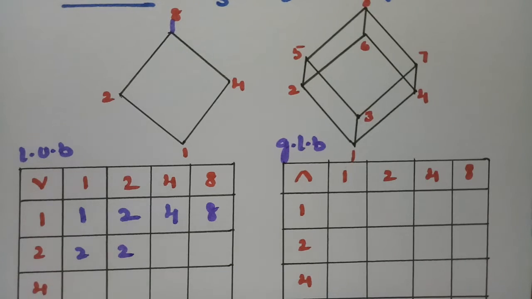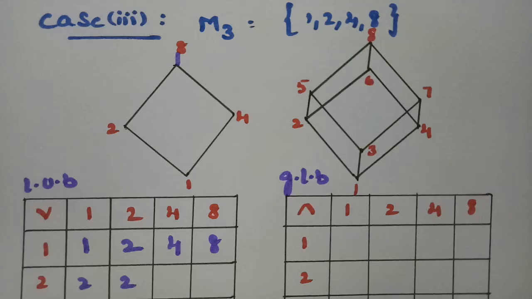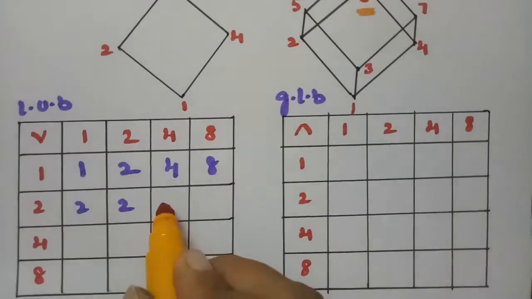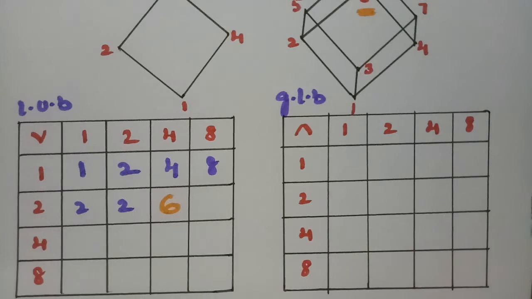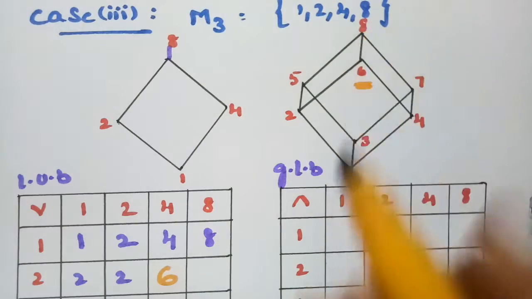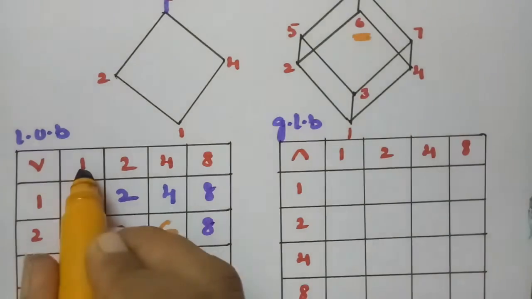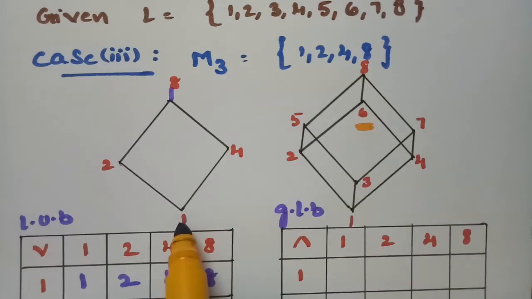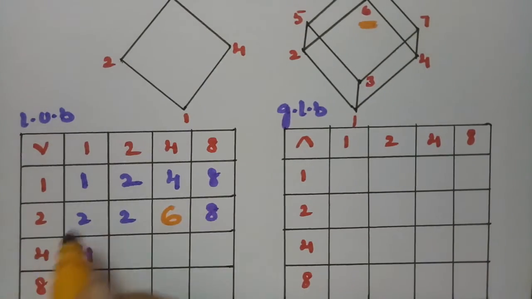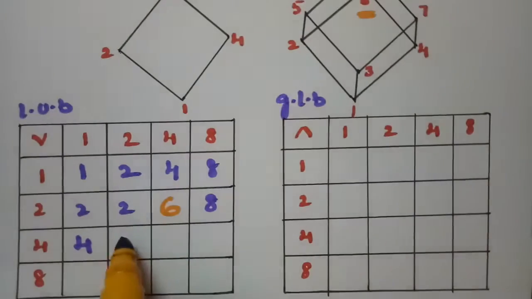For 2 and 4, the upper bound is here 6. And for 2 and 8, 8 is an upper bound. For 4 and 1, the upper bound here is 4. For 4 and 2, the upper bound here is 8.